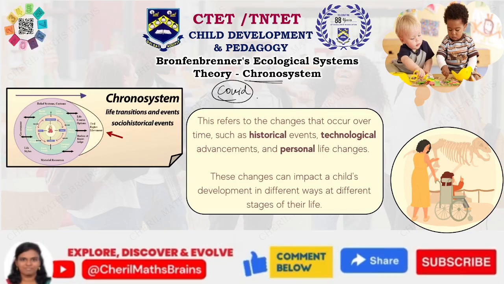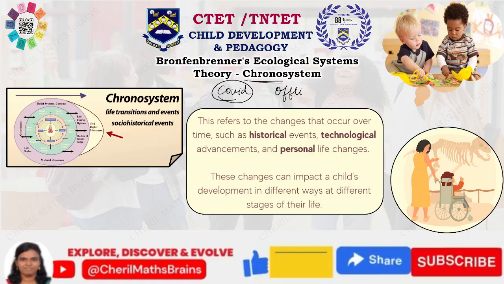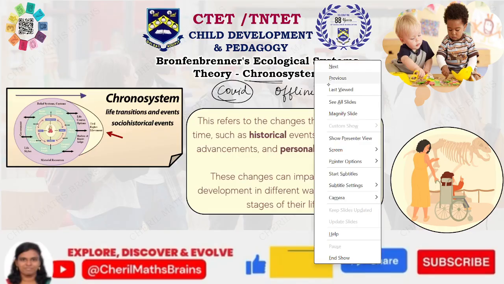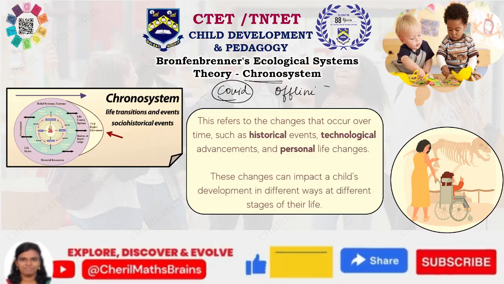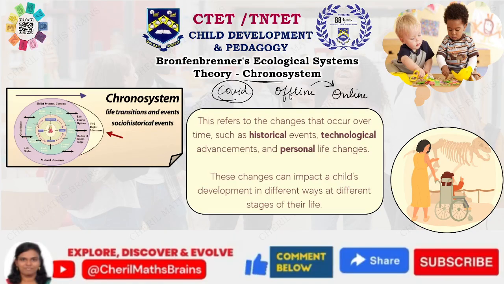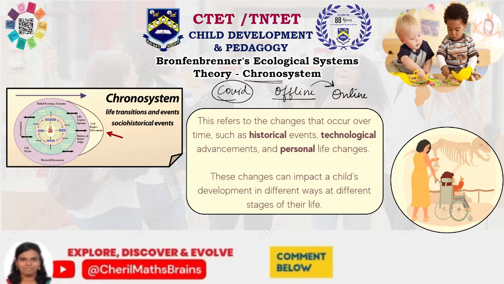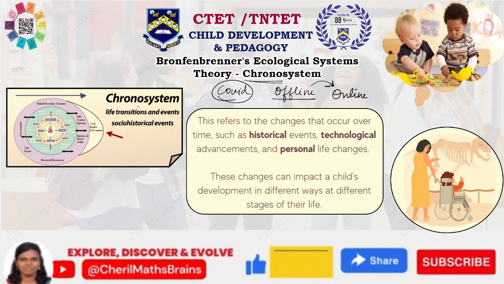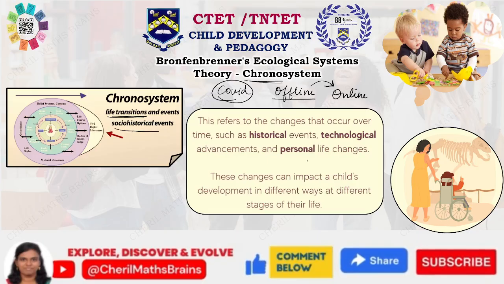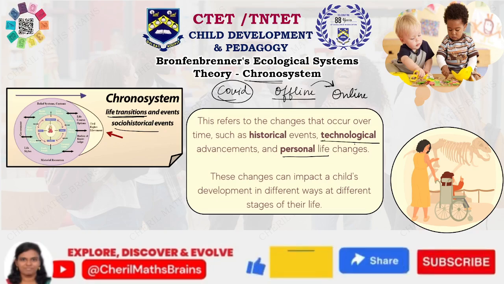When we had this COVID situation, all the classes which were always offline had to go through a major shift to the online system. Everybody was comfortable doing offline, and they had to compulsorily convert their lifestyle towards the online system. So many other changes happened because there was an entire transition in their life due to socio-historical events, personal changes, or technological advancements.